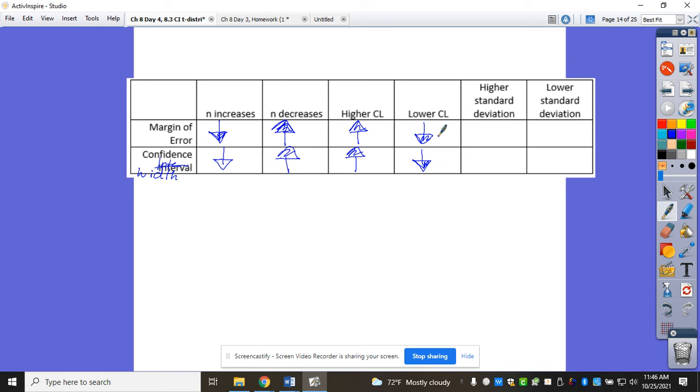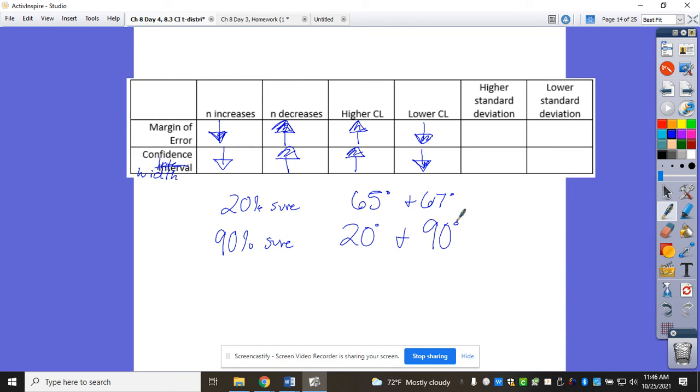So I am 20% sure that the temperature is going to be between 65 and 67, but I'd be a lot higher than 90% sure it's going to be between like 20 degrees and 90 degrees. So as this gets wider, that means my percent got higher.